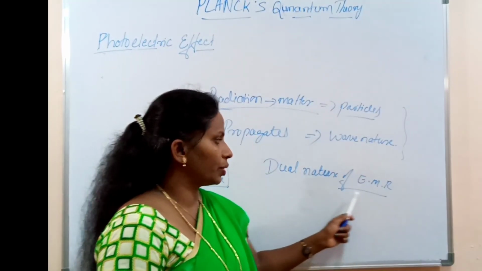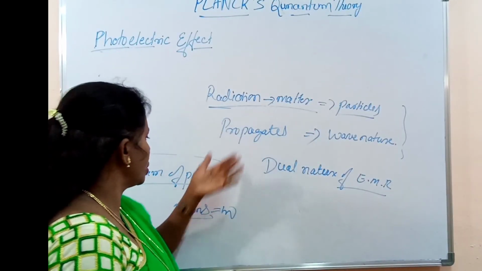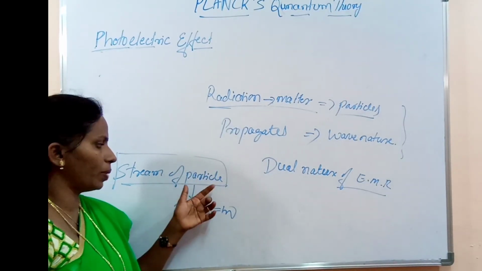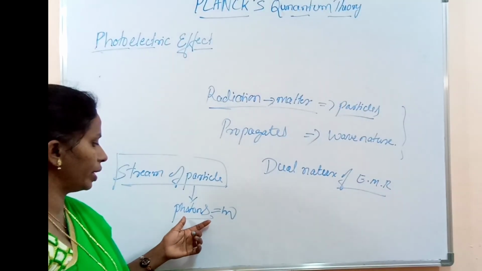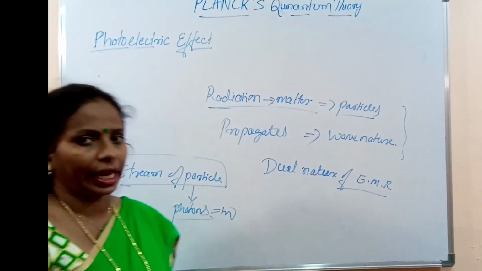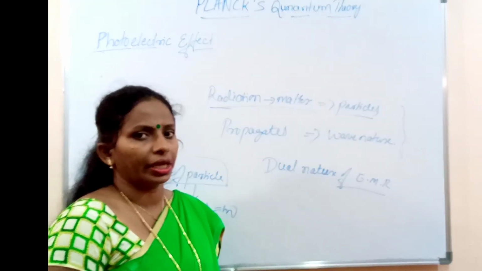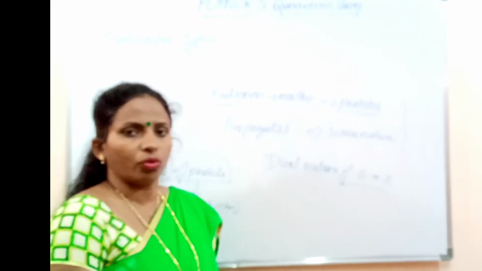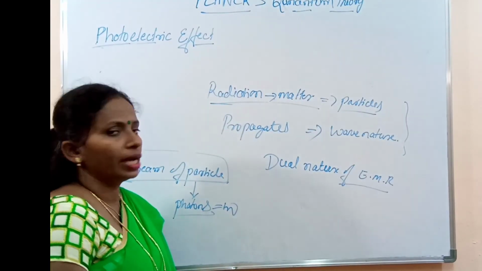That is called the dual nature of electromagnetic radiation. These radiations are a stream of particles, packets of energy called photons with energy h nu. Light behaves both as a particle as well as a wave.